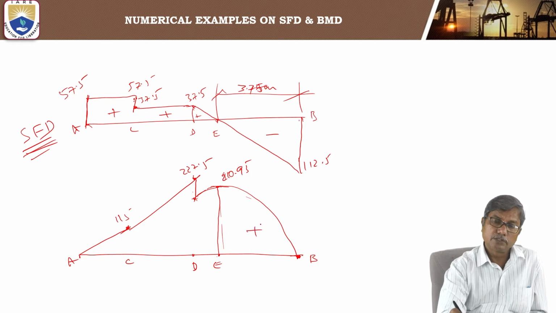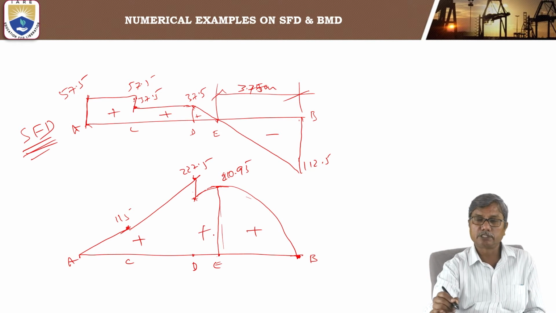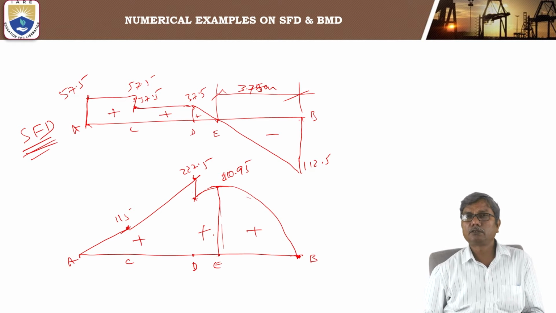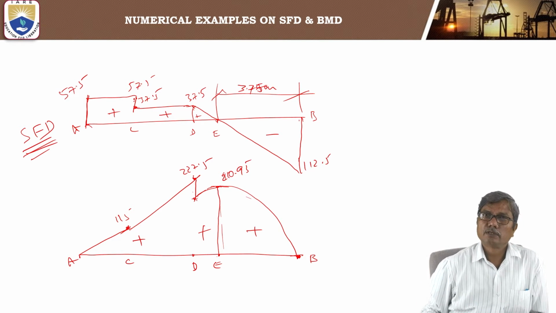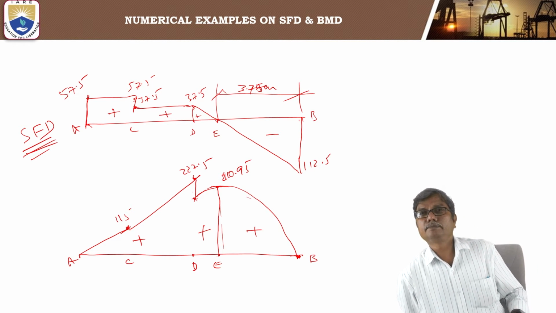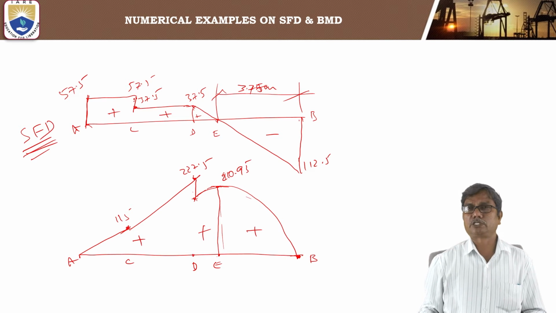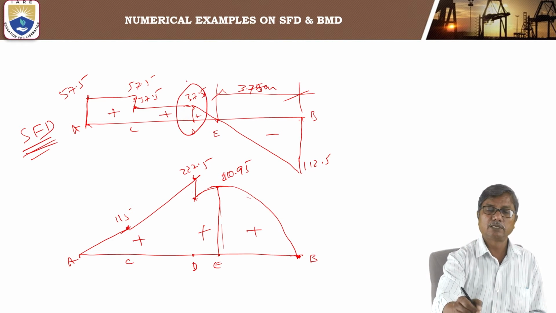If you observe, the bending moment diagram throughout is positive. Generally, in case of a simply supported beam, the bending moment diagram is positive, except in case where a couple is acting.